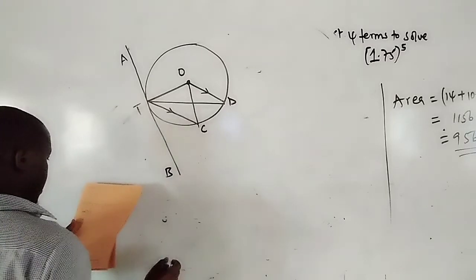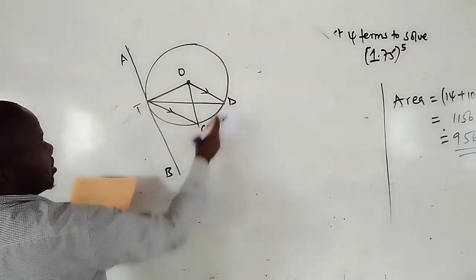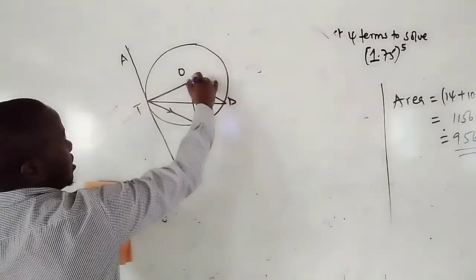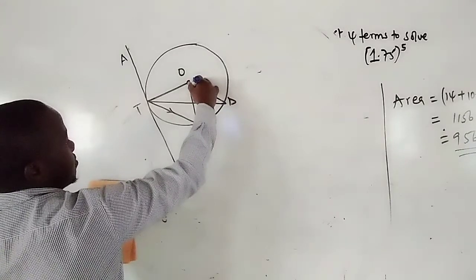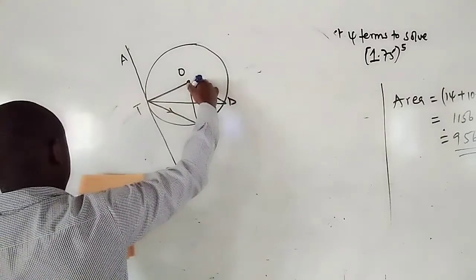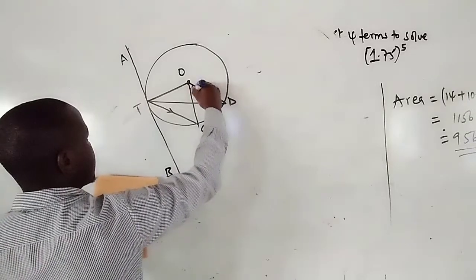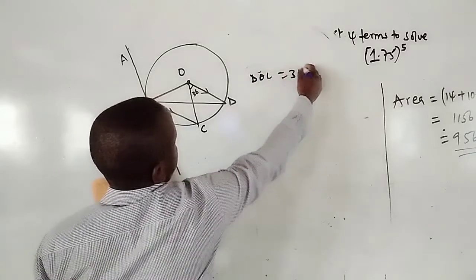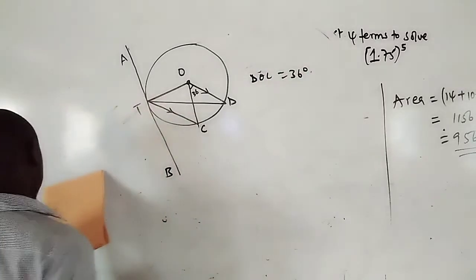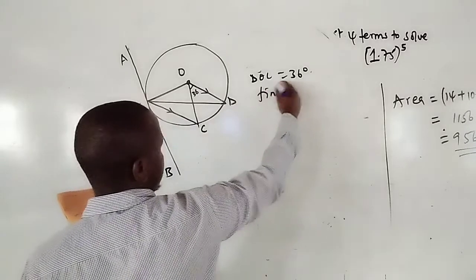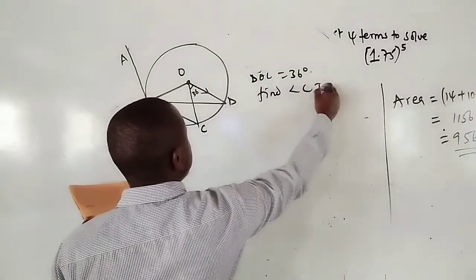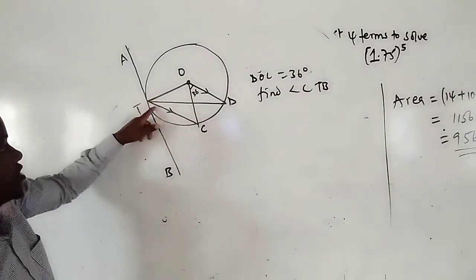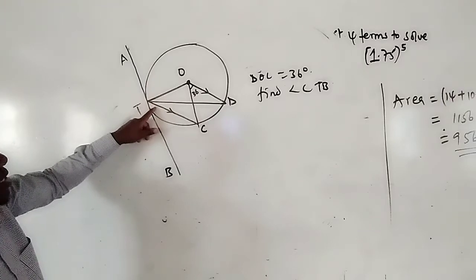Then we are told that angle DOC is 36 degrees. Find angle CTB. This angle.